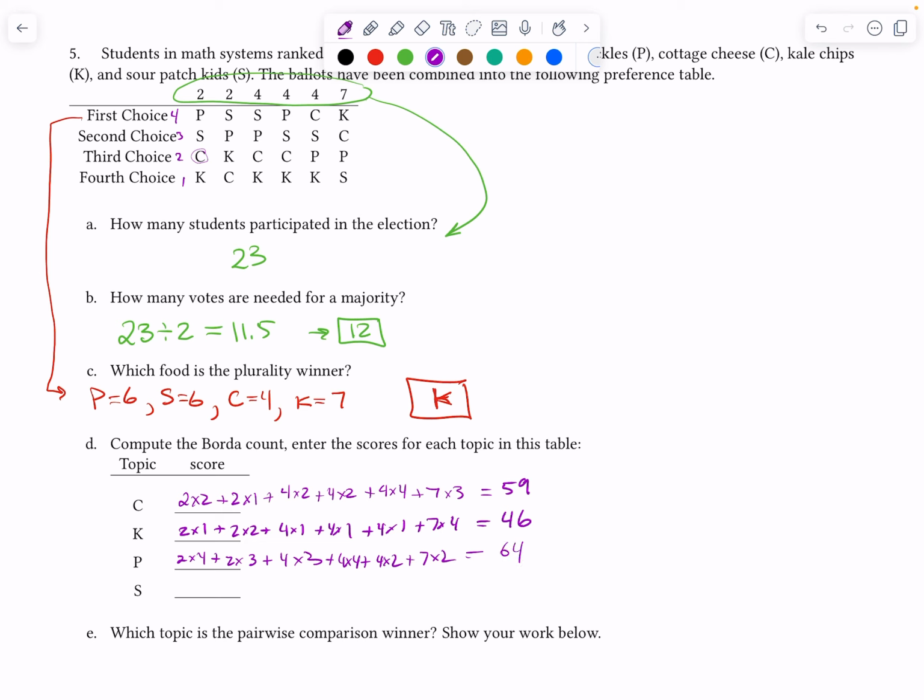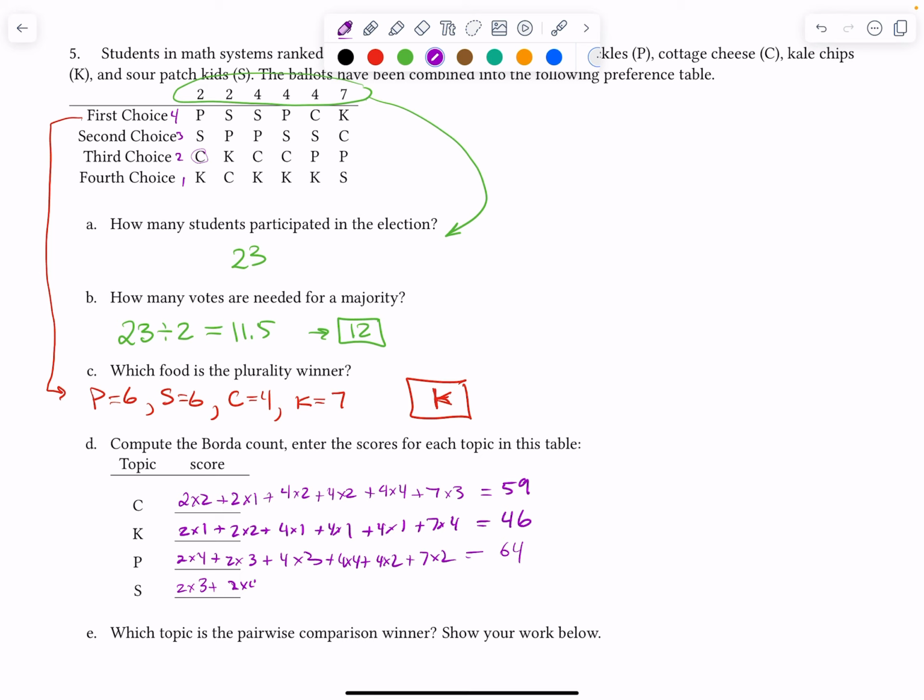Pickles. And then Sour Patch Kids. 2 times 3. So I'm just working my way across. Whoops. I didn't mean to do that. I wanted to do this. Working my way across here, 2 times 2 and so on, but you probably knew that. So this is going to be 2 times, what am I on?